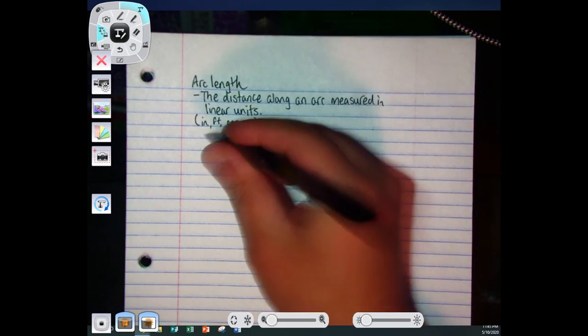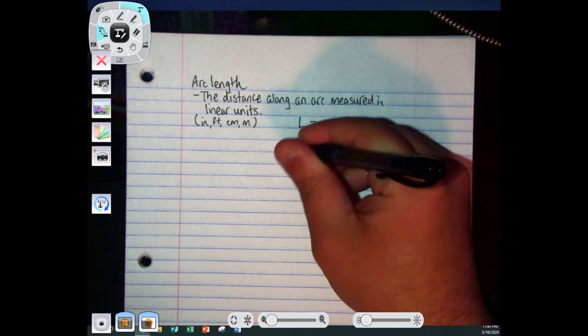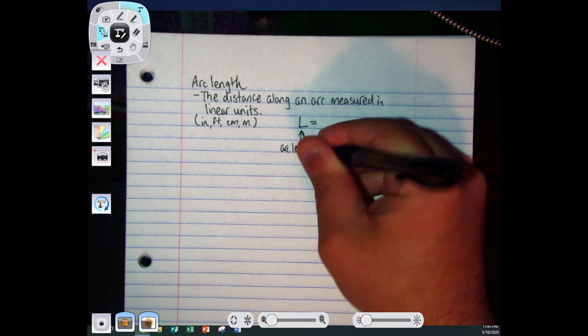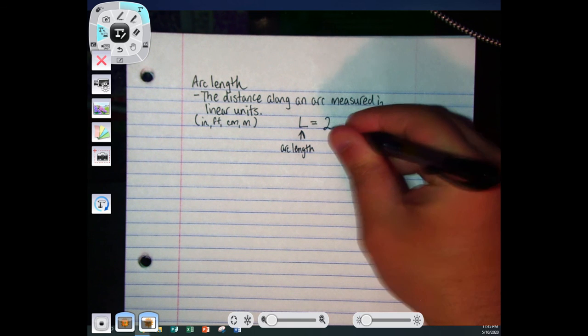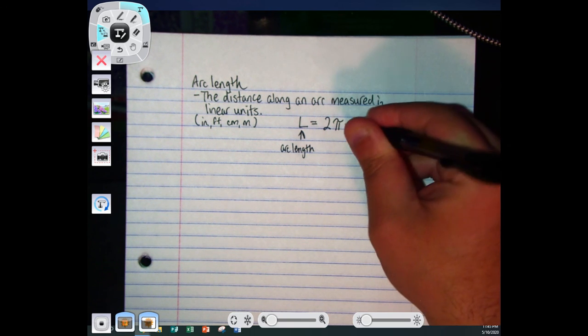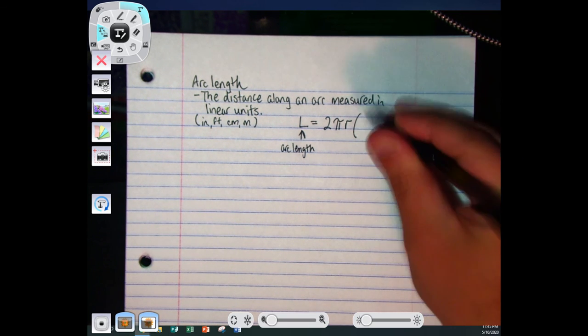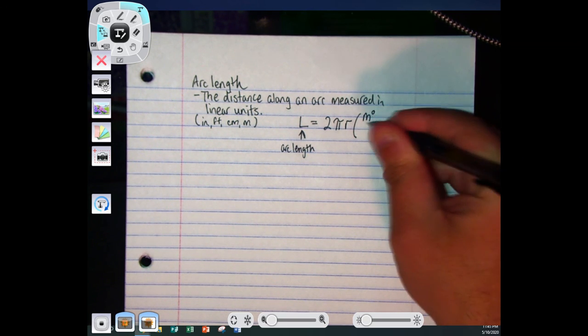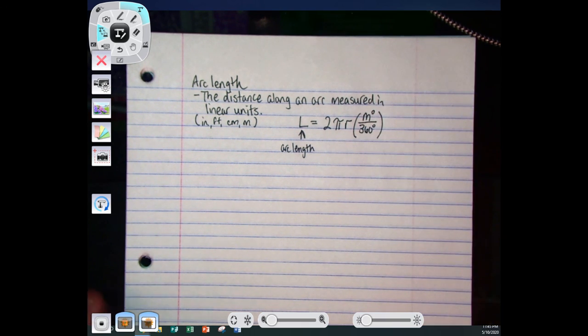Now, to find the length of an arc, we use a capital L in our formula. Capital L stands for arc length, and that's going to be equal to 2 times pi times the radius of the circle times the measure of the arc in degrees divided by 360.